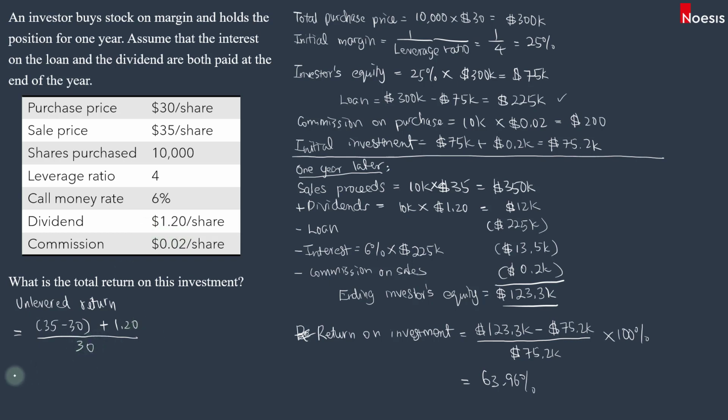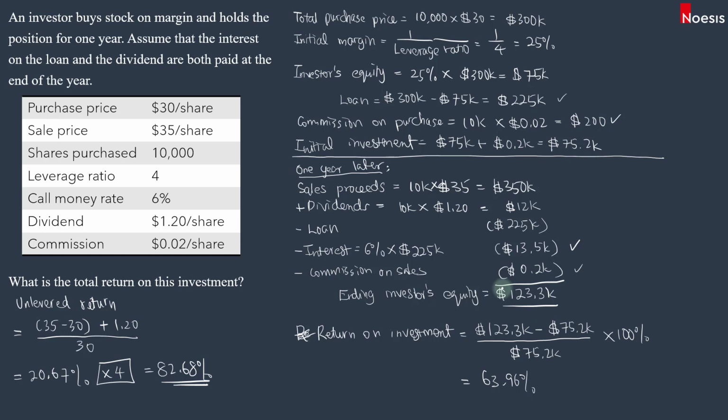So this will be 20.67%. If you factor in the leverage effect, which is 4 times, this would be about 82.68% with leverage. But of course, the net return will be lower because of the interest on the loan and also all the commissions if you factor them in.